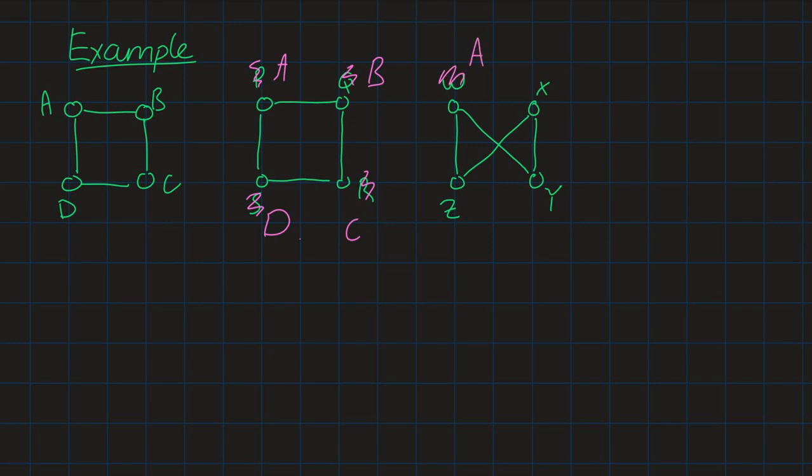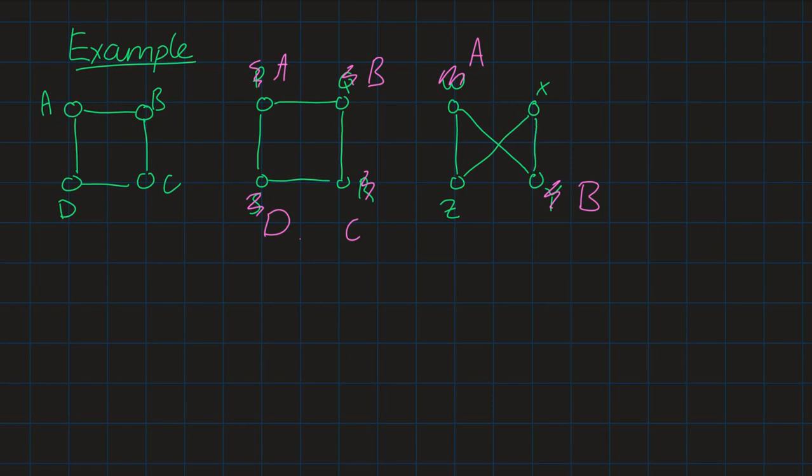I could label this A, and let's just follow the edge. Now the question is, what do I label this? It's going to be something which is connected to A. If I look at my original graph, I could label it either D or B. It doesn't matter which one I choose in this situation. I'll label it B. Now I'll follow this edge.